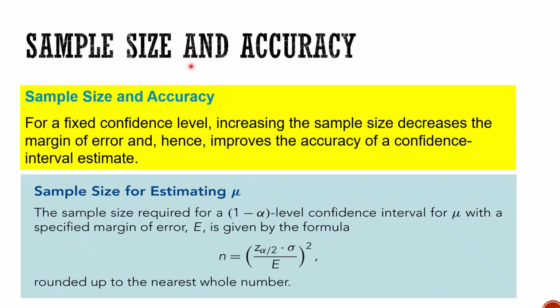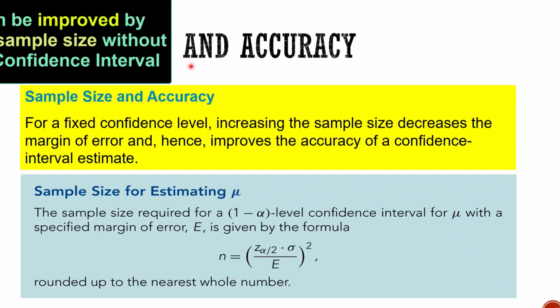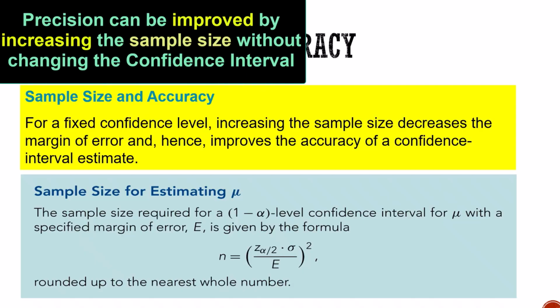And recall that when the margin of error decreases, when the margin of error is narrow, the precision or the accuracy is improved. So we are going to learn here how we can find the sample size to decrease the margin of error to a certain measure while keeping the same confidence level.